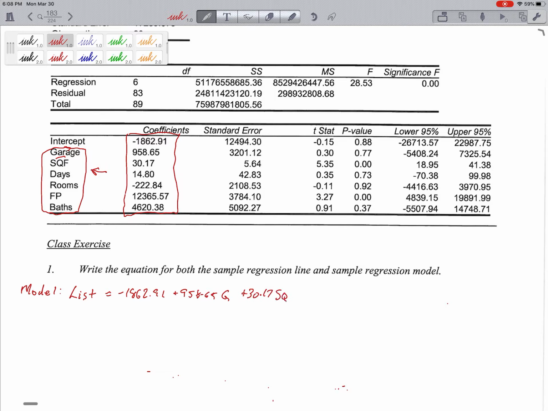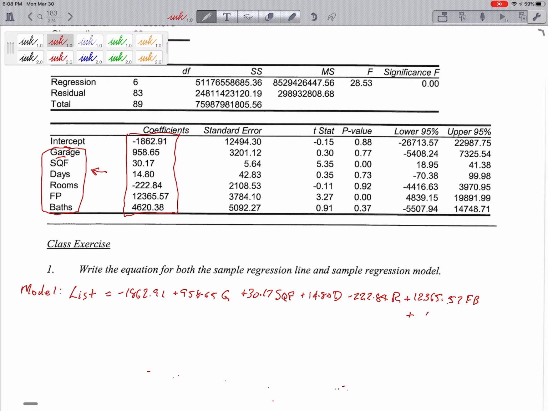Plus 30.17 times SQF, plus 14.80 times days, minus 222.84 times rooms, plus 12,365.57 times fireplaces.